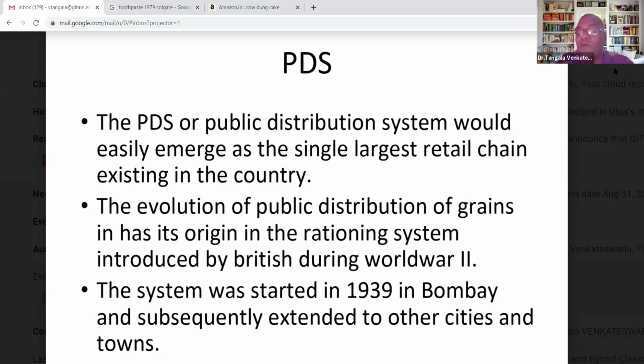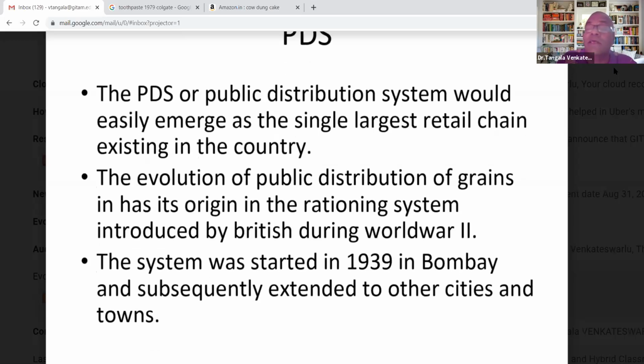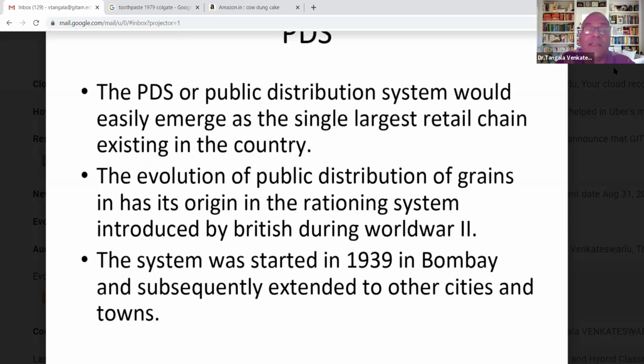Now you can see some of the PDS shops, along with government-given products, also sell other products, even salt or bath soaps. PDS is considered the single largest retail chain existing in the country.